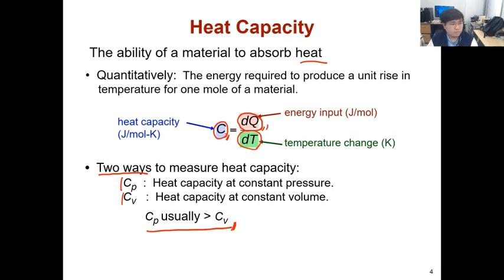Just think about how we define the heat capacity, like this. The energy increases with respect to the temperature change, so the energy changes at constant pressure.